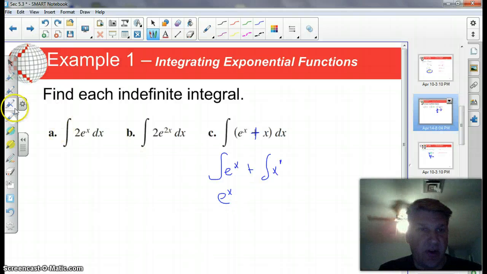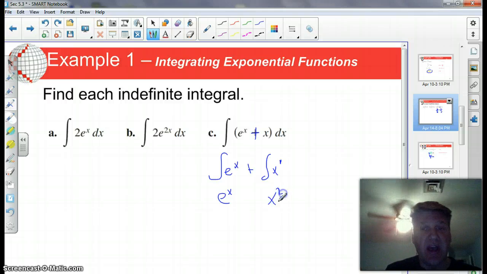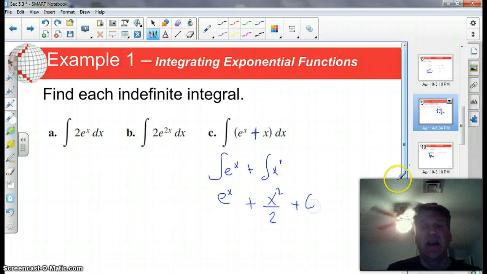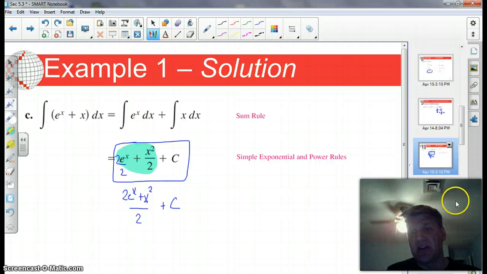And the integral of x to the first says we're going to increase this 1 by 1. That's what integration means. We increase by 1, so the 1 goes to a 2, and then we'll divide by that 2. And then lastly, we'll say plus c, plus some constant. If you wanted to find a common denominator, you could. It's the same solution, but I honestly would probably just stop right here like the author did.